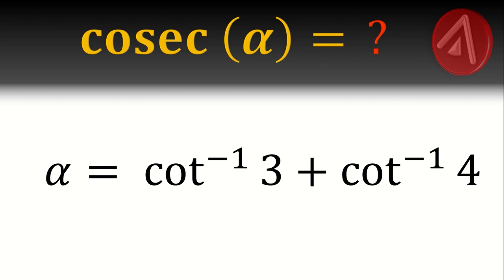In this lesson, we're going to find the cosecant of alpha, where alpha is an angle that is the sum of two inverse cotangents. Let's read the question.